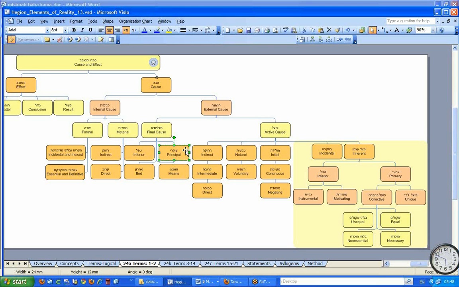Every action has an equal and opposite reaction. But if we're talking about the nezek, then regel would not have a tachlis of nezek, because the purpose was not to damage. Exactly.